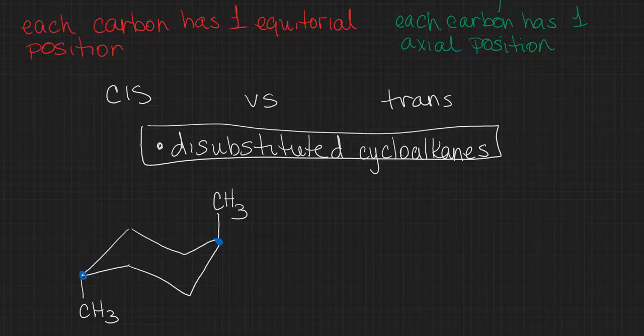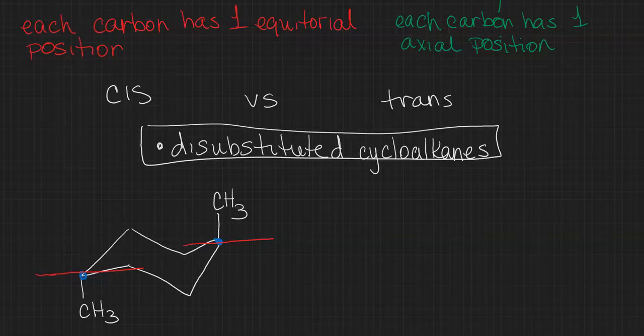So that's signified with the blue dot. And we want to draw crosshairs, or you can draw a horizontal line going through the carbons that are in the chair conformation.